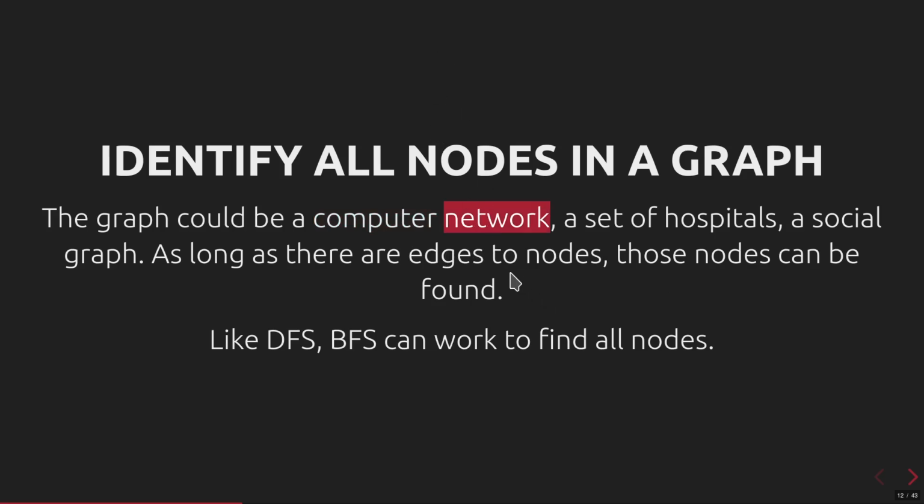Maybe you're dealing with printers and stuff like that. But that works only as long as there's edges to nodes. When you're dealing with a real network, sometimes you can't reach a node, and you're not sure whether there's just no path to it or whether the network's just flaky. DFS can also be used for this use case.